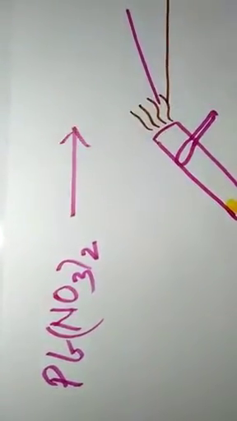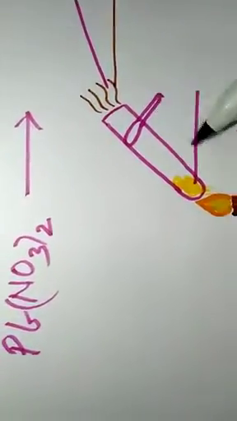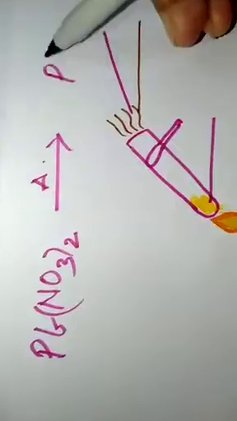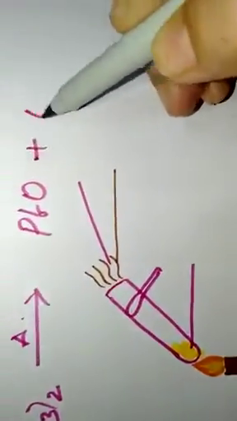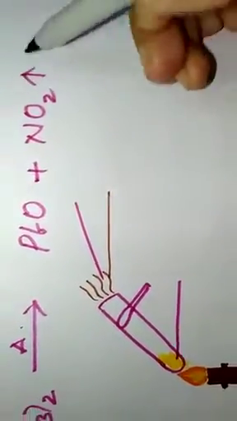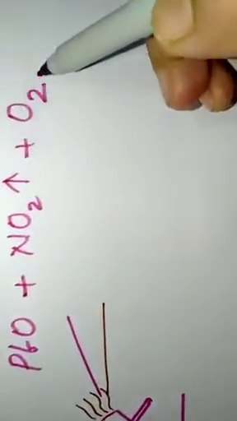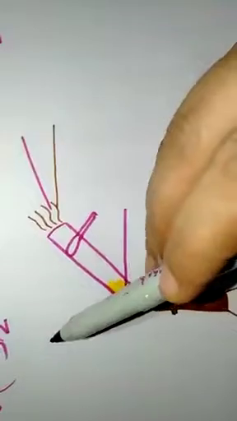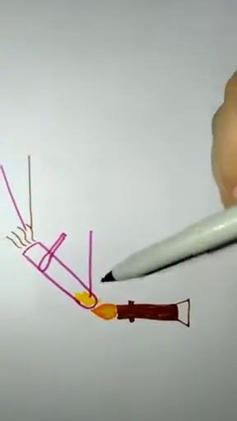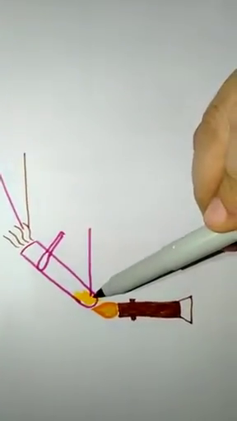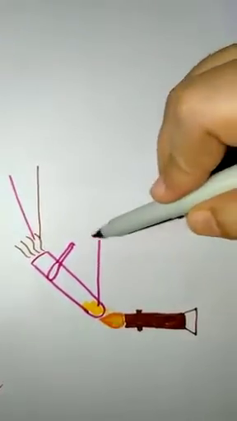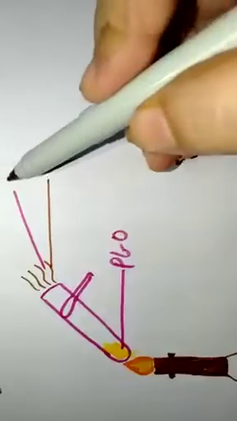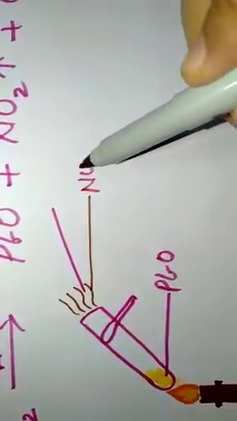Now if we take this white powder in the test tube and we burn it on the flame, then lead oxide is formed plus two gases are evolved. One is nitrogen dioxide and another is oxygen gas. Here you can see we burn lead nitrate, and on burning this white powder, what is left behind is lead oxide, which is yellow in color, and brown fumes of nitrogen dioxide gas are evolved.